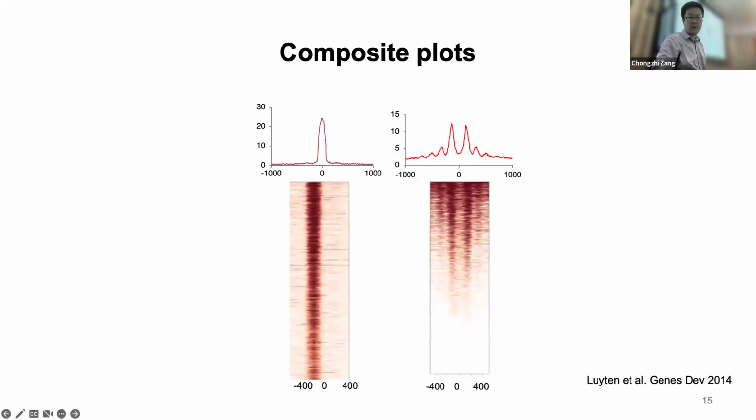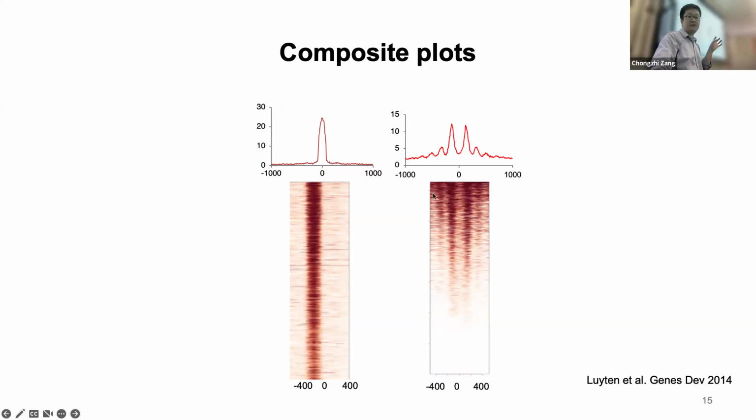Maybe I can use this histone modification as an example. We can see the signal strength has a distribution. Some regions have very strong signal, some regions have very weak or even no signal. But if you average them, you can always see the signal.